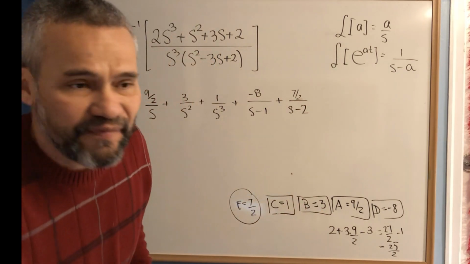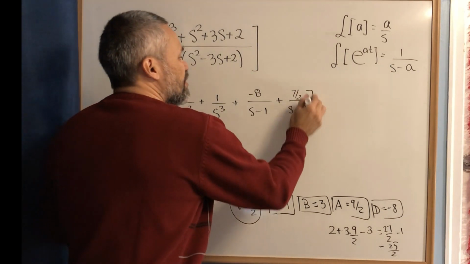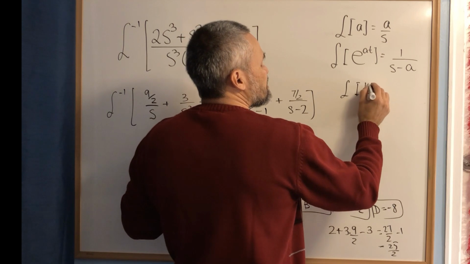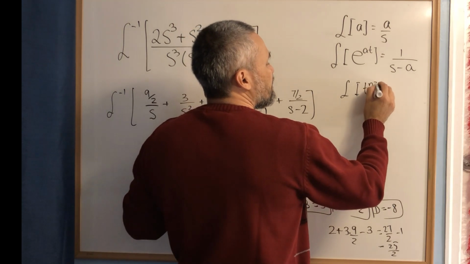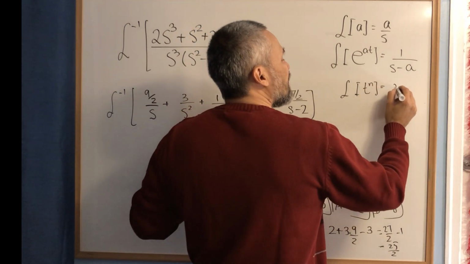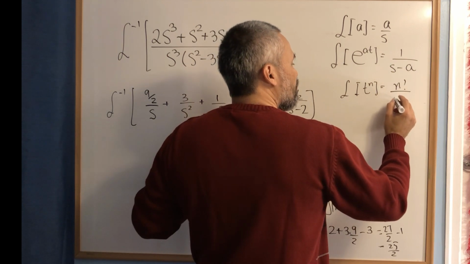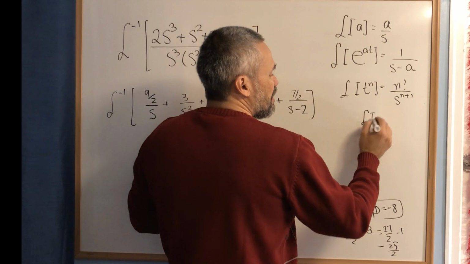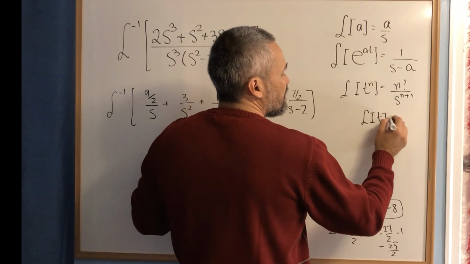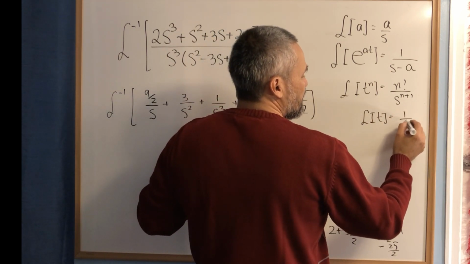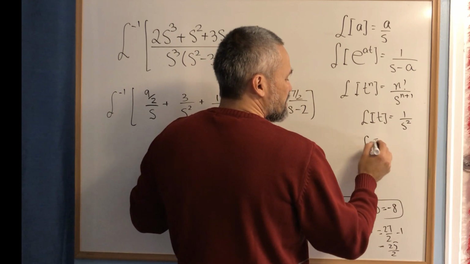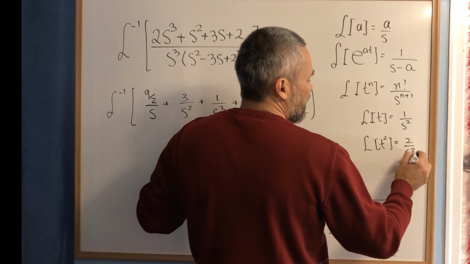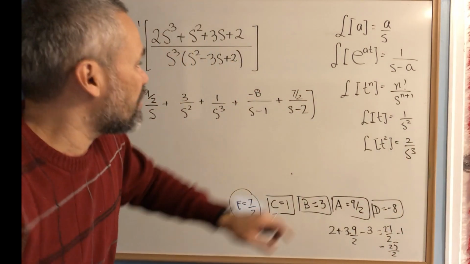Right? We have that. And let me remind you that the Laplace transform of t to the n is n factorial over s to the n plus 1. In particular, the Laplace transform of t is 1 over s squared, and the Laplace transform of t squared is 2 over s cubed. That comes from here.